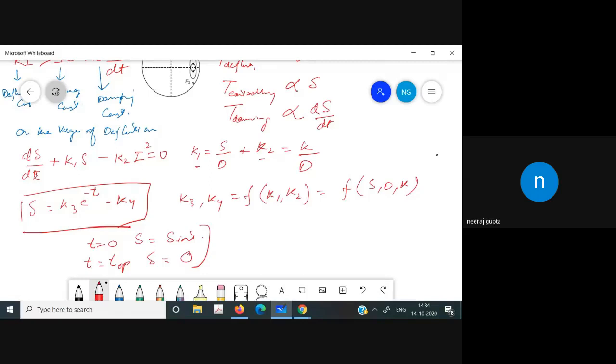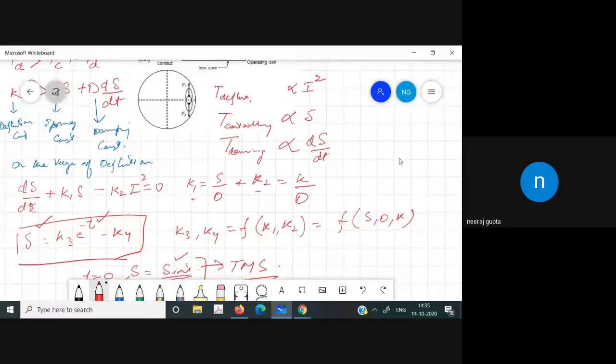Now, we can find the operating time, t operating, by finding the value of t for which delta becomes 0. In this way, we can find t operating. Now, this delta initial that we have already discussed can be obtained by the time multiplier setting. So we have the time multiplier setting here.